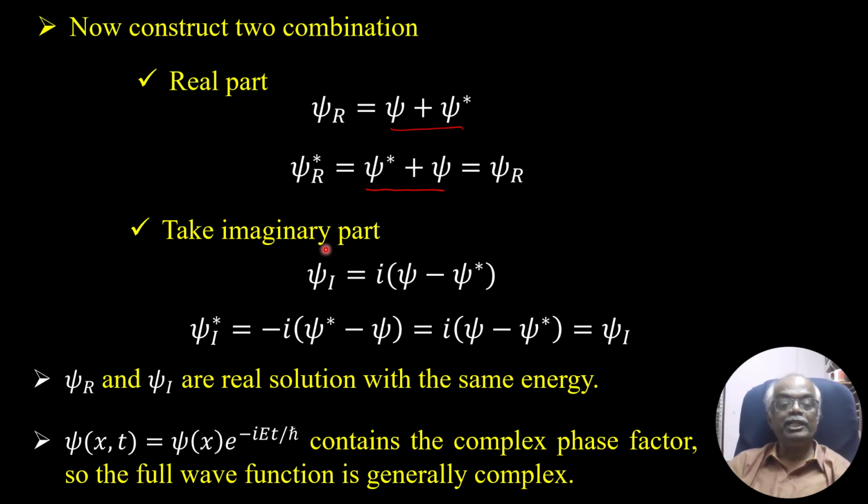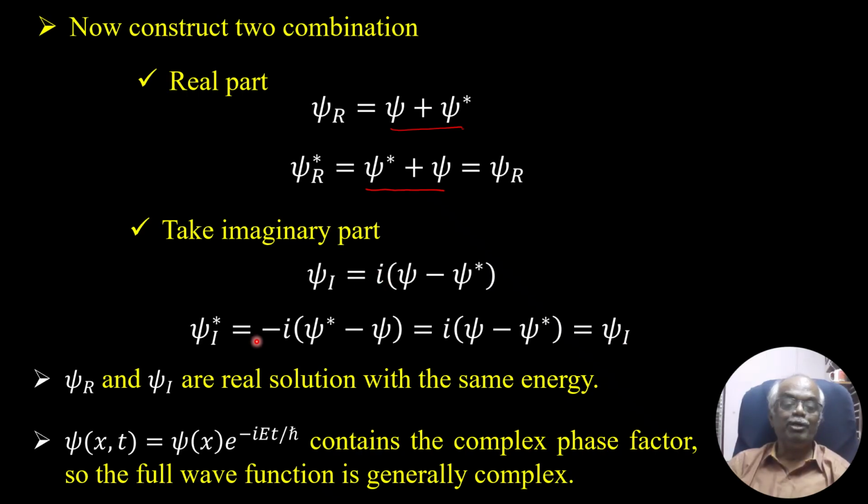Then what about the imaginary part? I am referring to this as ψ subscript I, where I indicates the imaginary part, which is equal to i(ψ minus ψ*). Then you take the complex conjugate of this. What will happen?